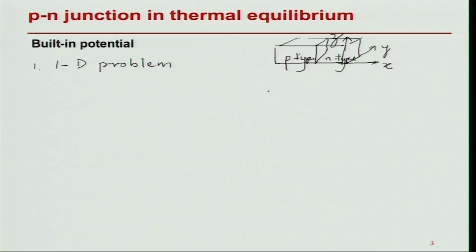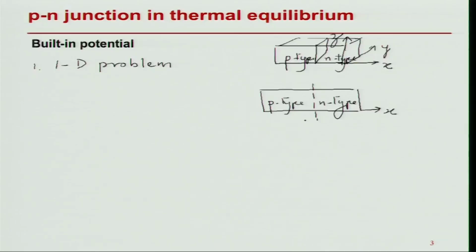So, my problem is then reduced to a one dimensional problem, where my PN junction would look in this manner, where this is the P type, this is the N type, and I am looking at a junction in the x direction. And to further define things, I am going to define that the PN junction is at x is equal to 0.